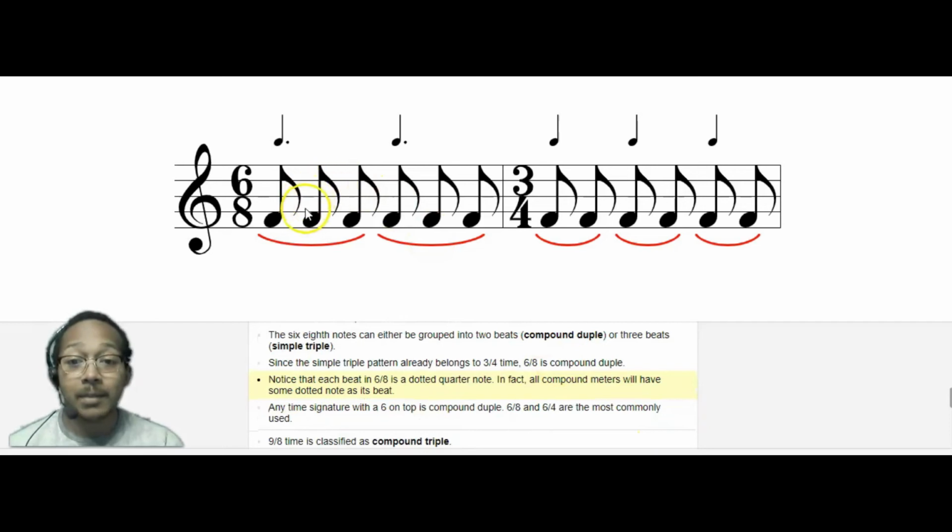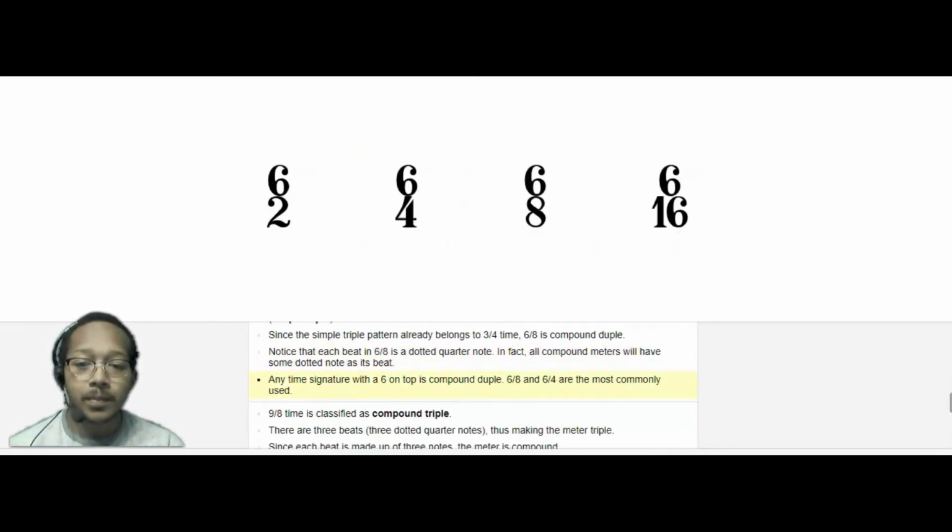Whereas the compound duple, we are now adding 3/8 notes, 1/2 plus 1/2 plus another half is giving us 1.5 plus 1.5 to add everything up to the same 8 beats of sound. Any time signature with a 6 on the top is going to be compound duple. 6/8 and 6/4 are the most commonly used.